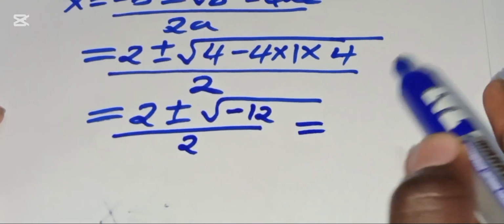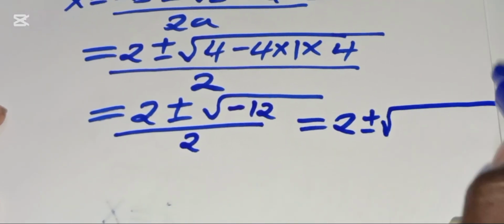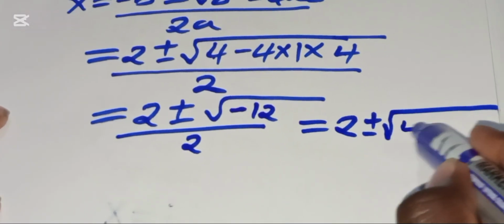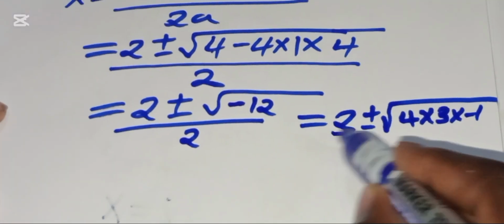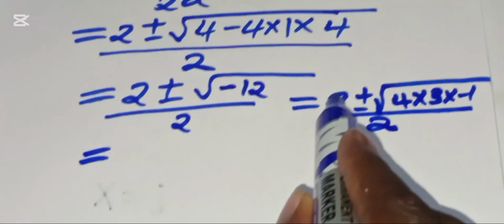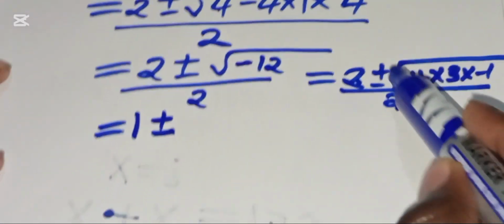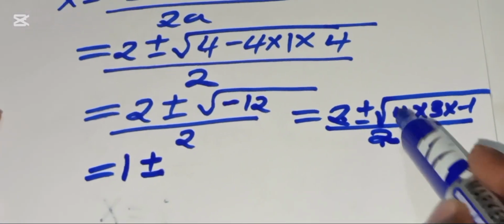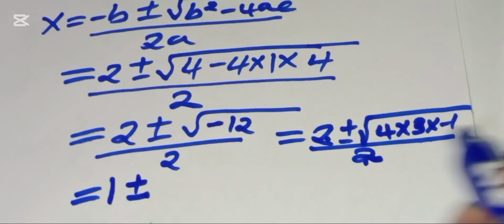So in this case, we're going to have 2 plus or minus the square root of -12, which can be expressed as 4 times 3 times -1, divide everything by 2. Now from what we have here, this is 2 divided by 2, which is 1, plus or minus the square root of 4 is 2, 2 divided by 2, which is 1. So we'll have 1.